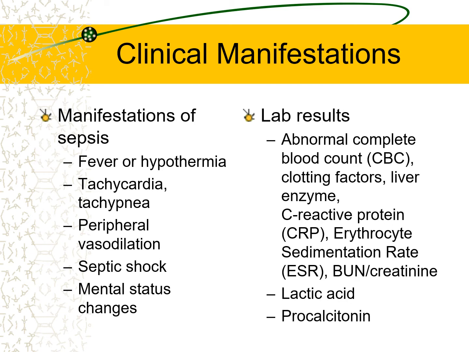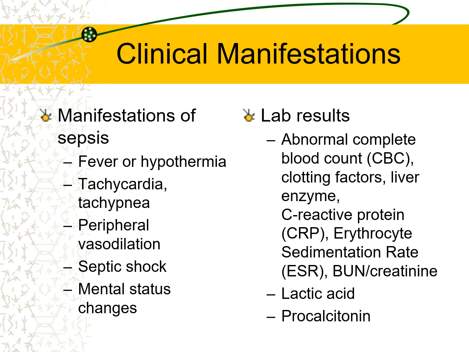We need to look at their lab results. This is part of your assessment as well. We're going to look for any abnormals in their CBC, their complete blood count. We're going to look for coagulation studies, any of their clotting factors that could be prolonged, our PT, PTT, and others.